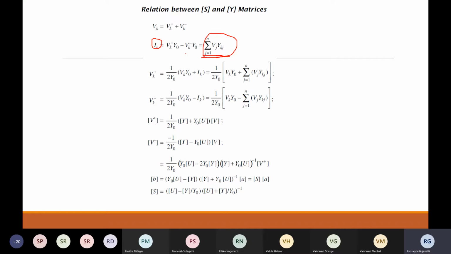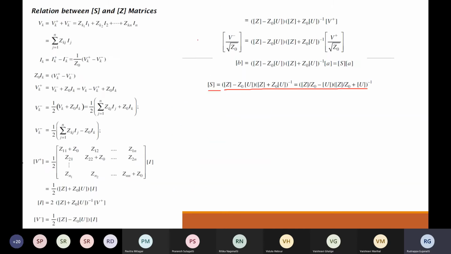Now we represent VK plus and VK minus separately, as we have done for the impedance parameters. We had two equations, and we separated VK plus and VK minus, obtaining separate representations in terms of the matrix Z. So we had two representations.